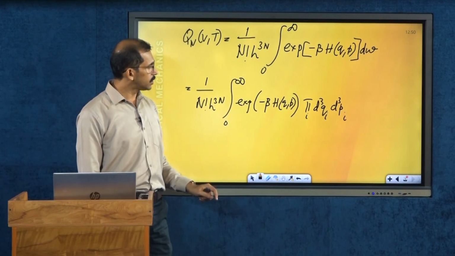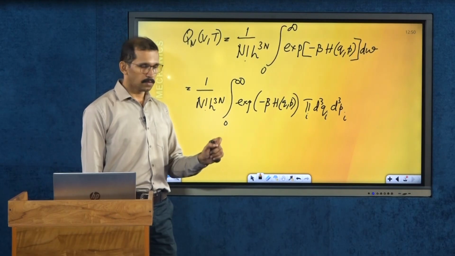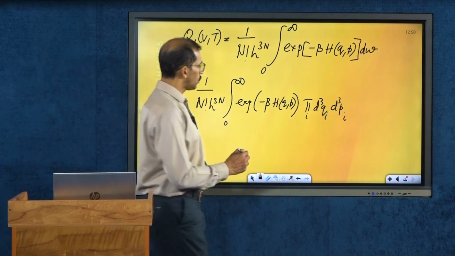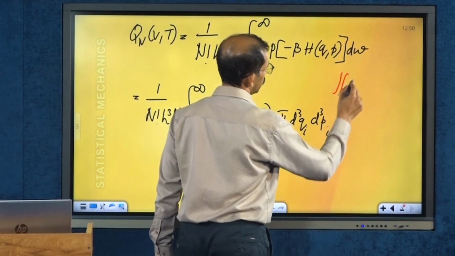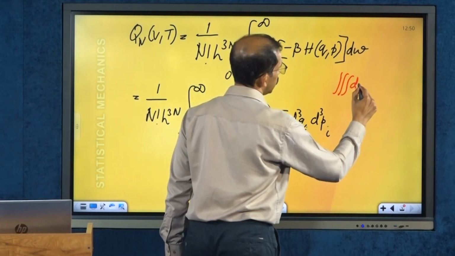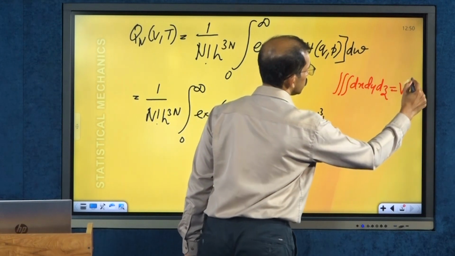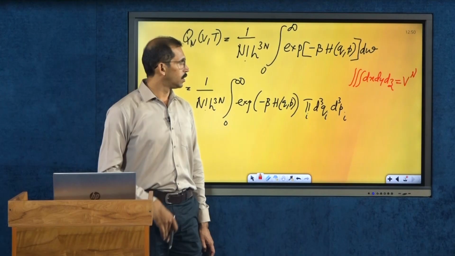If we carry out this integral over the space coordinates or the distance coordinate, I can write them as triple integral dx dy dz is equal to V raised to n, because that is the total volume of my system.